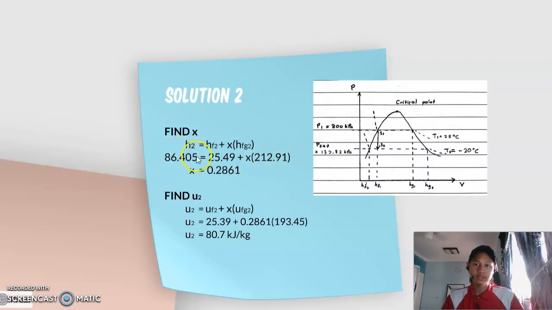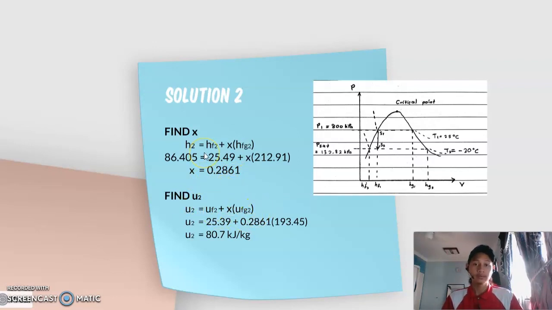Why do I choose this value? This is because remember the word throttle, which is H1, we assume it equal to H2. So H2 is equal to H1. So this is the value that we can use. So after I calculate it, I got X equal to 0.2861.